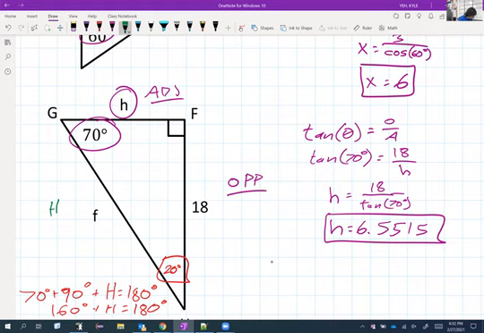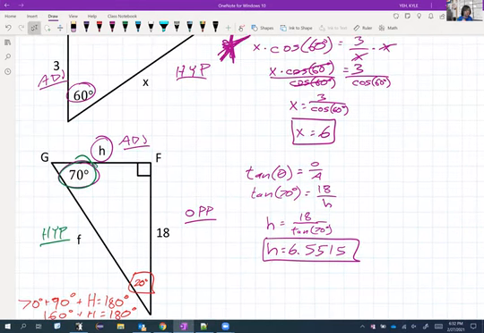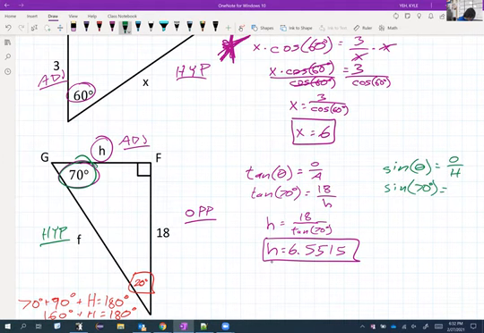F is my hypotenuse in this problem. So I might look at opposite over hypotenuse. So sine of theta equals the opposite over the hypotenuse. So sine of 70 degrees equals 18 over F. Same game, right?